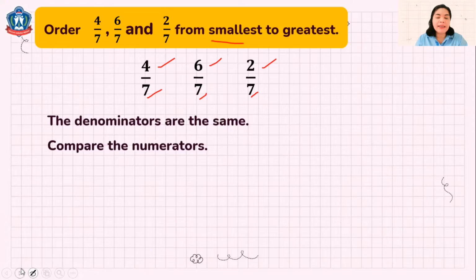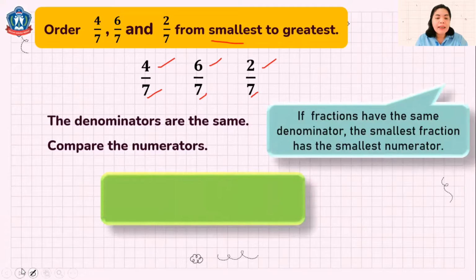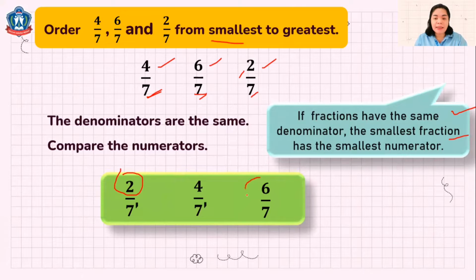Yes, the smallest is the 2/7. So therefore, the smallest is 2/7, followed by 4/7, and the largest or the greatest is the 6/7. So if fractions have the same denominator, the smallest fraction has the smallest numerator, and this is 2/7. The greatest fraction has the greatest numerator.